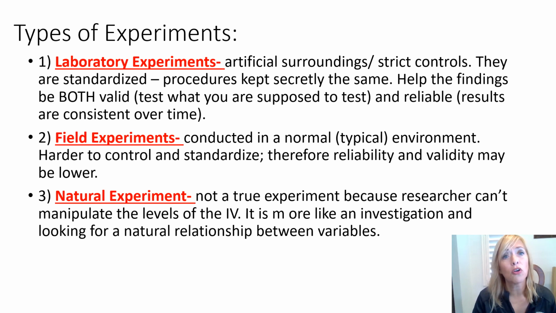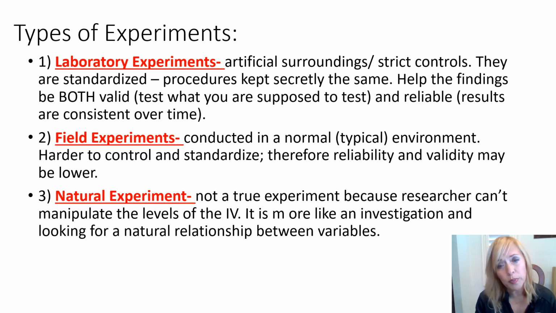Field experiments are out there in the field, like you're doing something somewhere else. They're conducted in a more normal, typical environment. The bad part about field experiments is that they're harder to control, they're harder to standardize, and sometimes that might actually inflict some problems with reliability and validity.